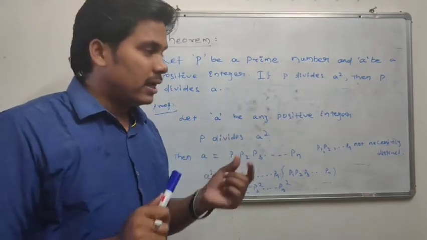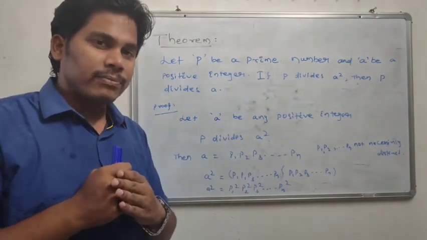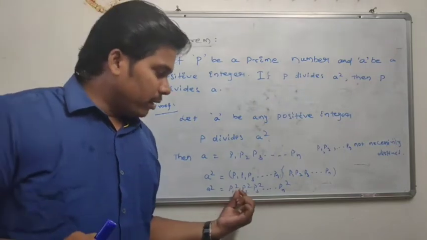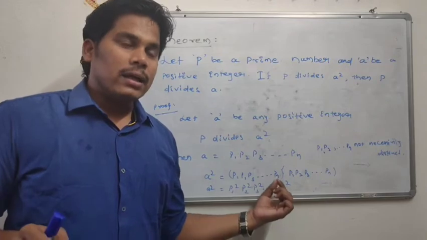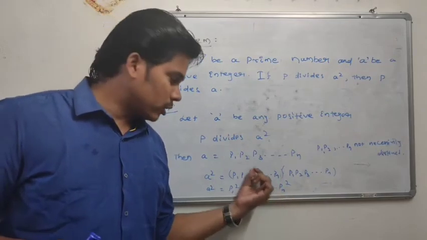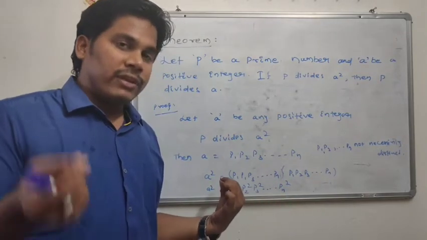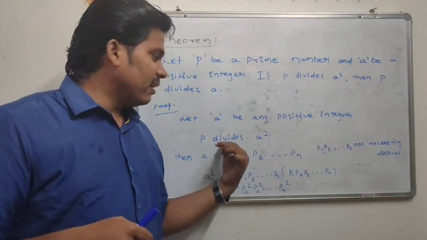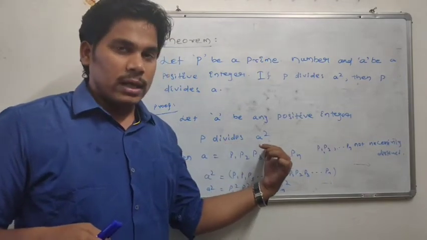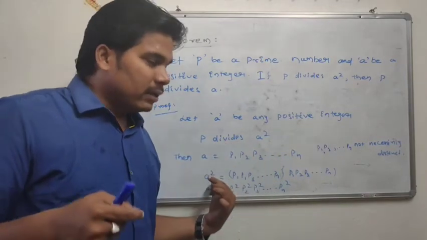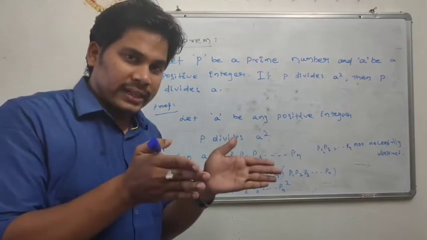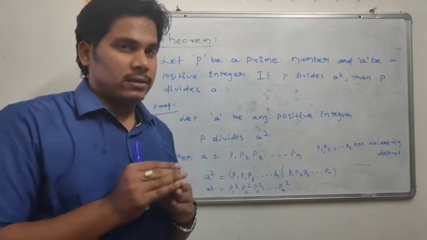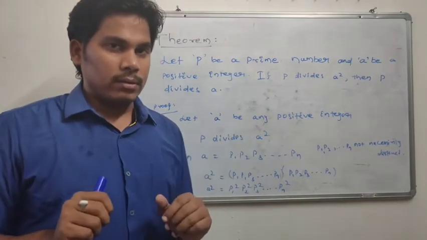Again I am saying p1 square, p2 square, p3 square up to pn square are all factors of a square. But we already know p is a factor of a square, and the fundamental theorem of arithmetic says the factors we get are unique for a given composite number.